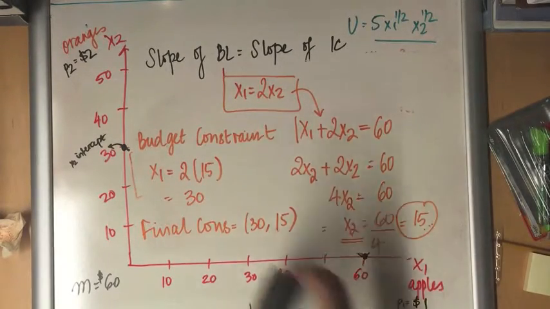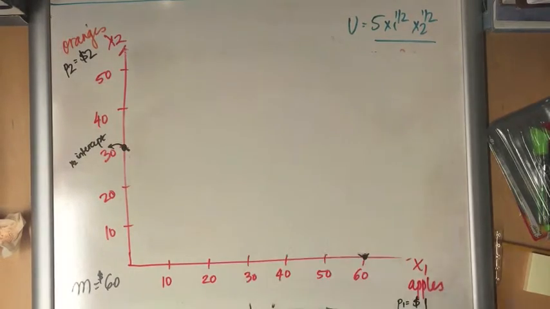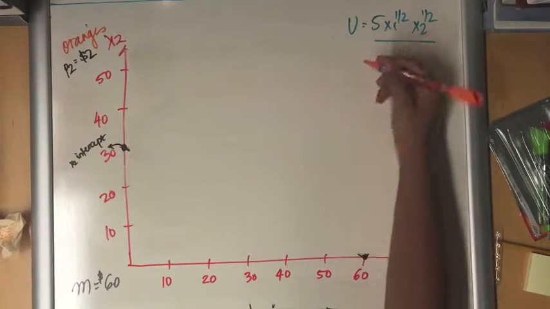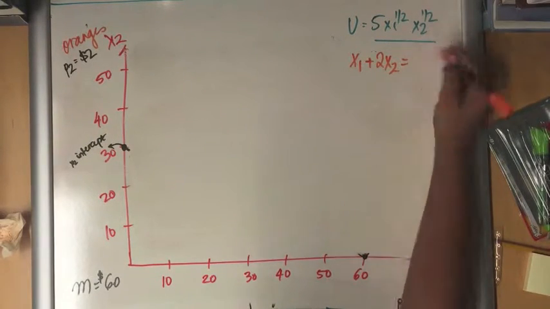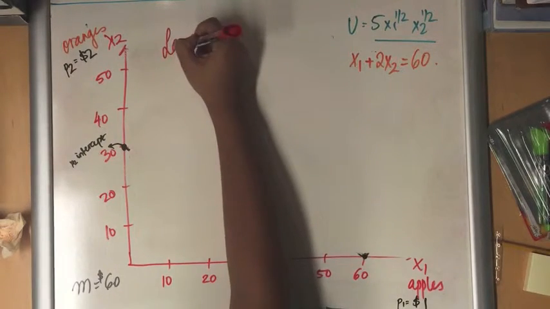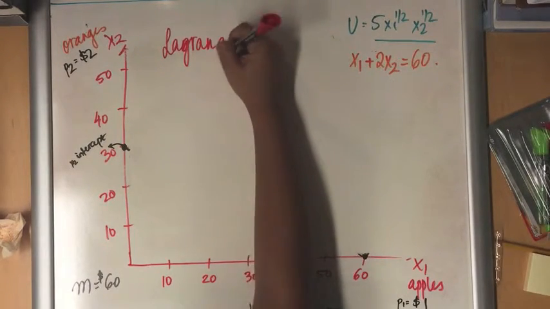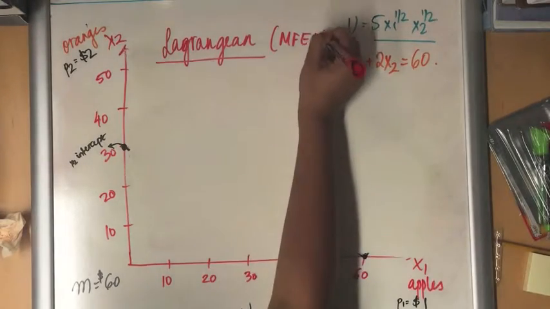Now, we can also do the same thing by employing the method of the Lagrangians. This is your utility function, and your budget function is x1 plus 2x2 is 60. We can solve this by using the Lagrangian, which you should have known from Math for Econ 2.